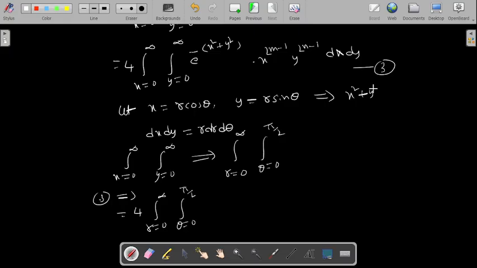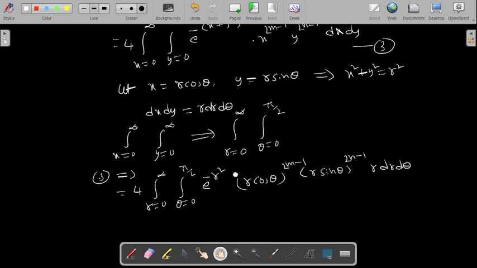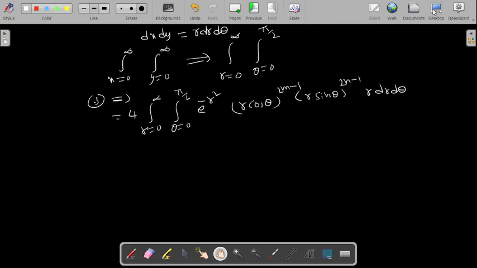Just now I said x square plus y square equal to r square. So the value is e power minus r square, x value r cos theta whole power 2m minus 1, y value r sin theta whole power 2n minus 1. Next dx dy is r dr d theta.